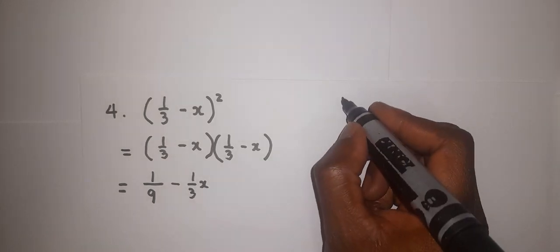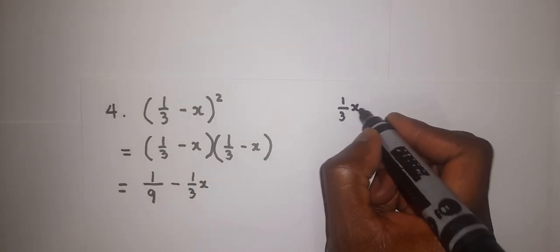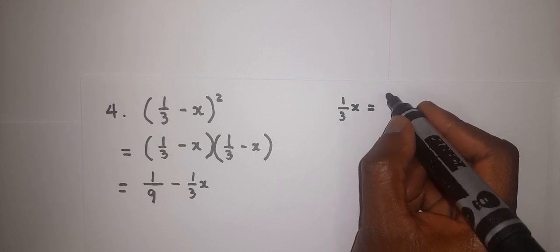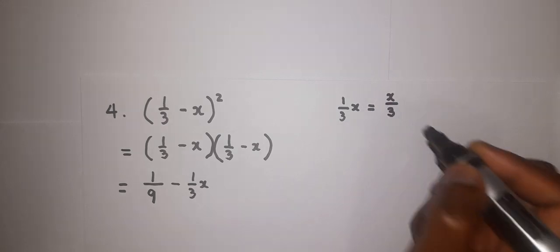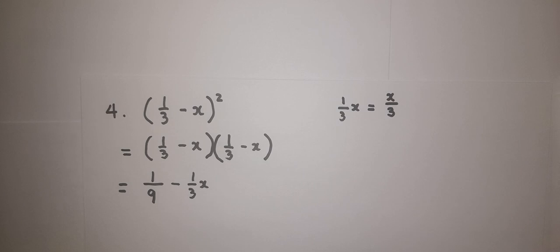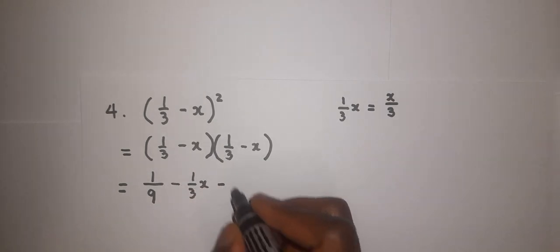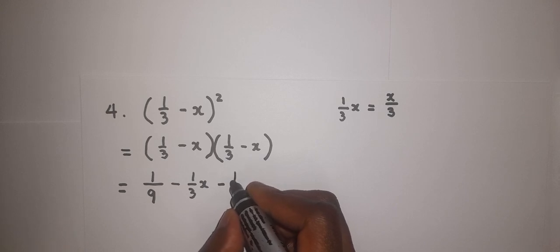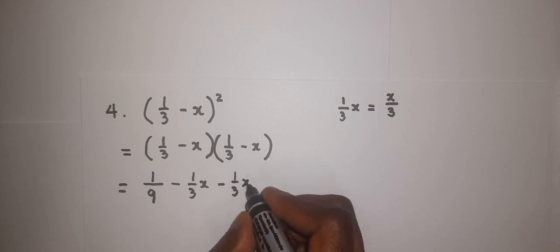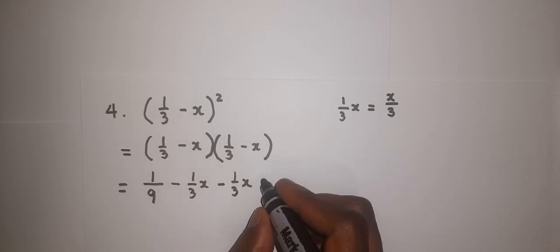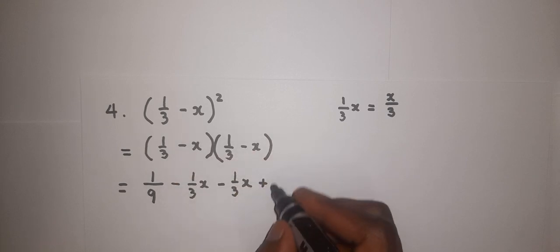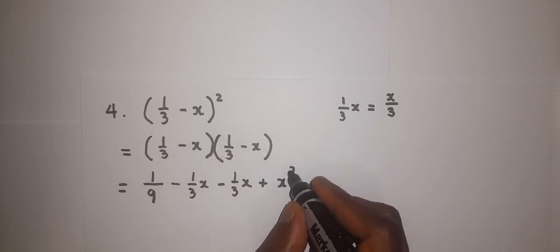Please bear in mind that a third x is exactly the same as x divided by 3. Similarly, negative times a positive will give us a negative, and then we'll have a third x. Then negative times a negative simplifies to a positive, and then x times an x gives us x squared.